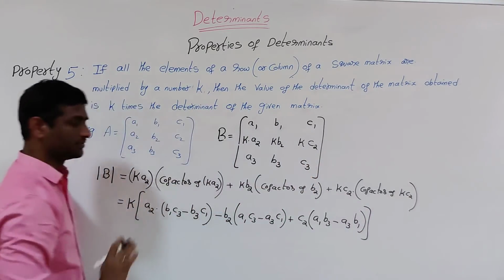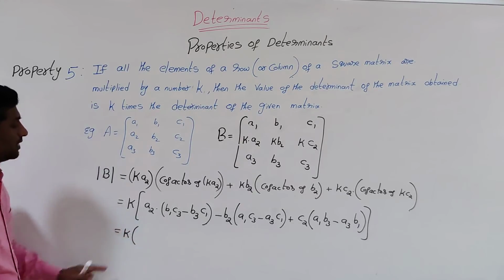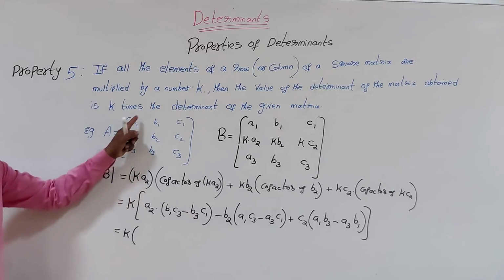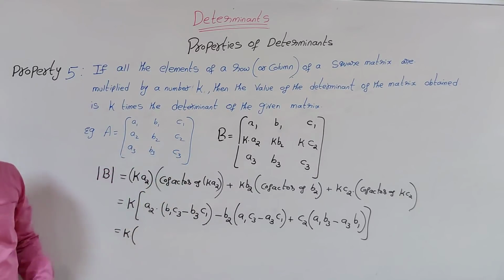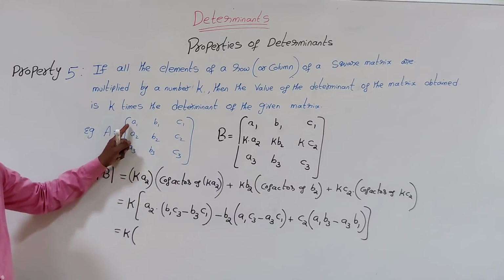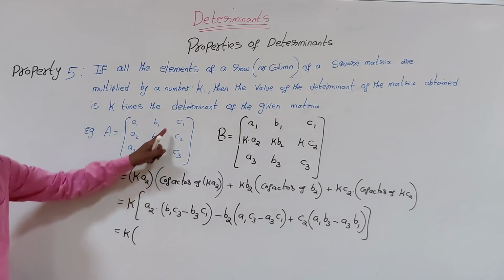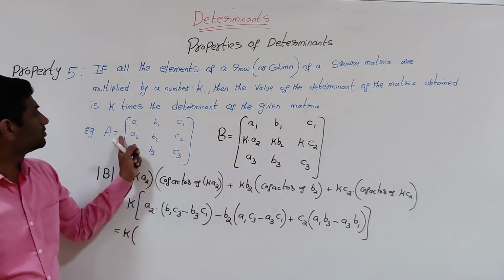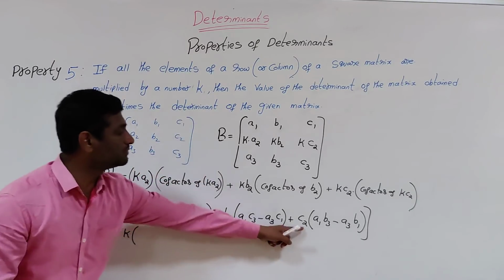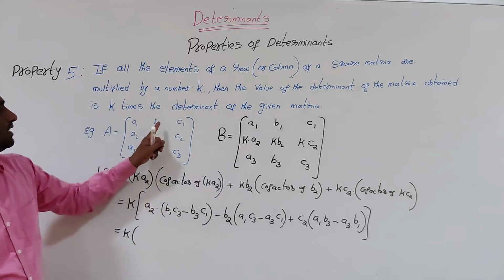So that is the value. Similarly, K times of A2 times B1 C3 minus B3 C1, minus B2 times A1 C3 minus A3 C1, plus C2 times A1 B3 minus A3 B1.